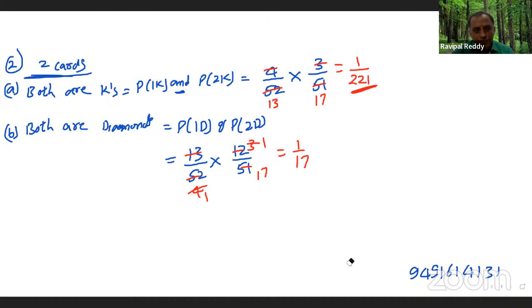Next question. First card king and second card queen. We are taking two cards. First card is king, second card is the queen. Find the answer.